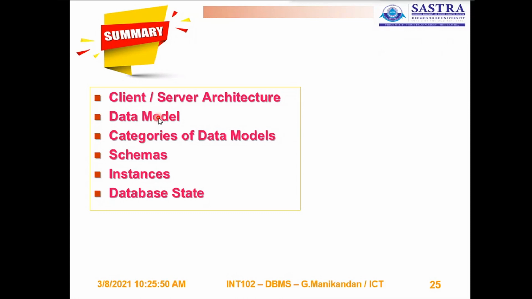What is the difference between database schema and database state? What is an instance? What is a schema diagram, and what is its limitation? What is the meaning of intension and extension? Finally, I concluded with the terminology called schema evolution.